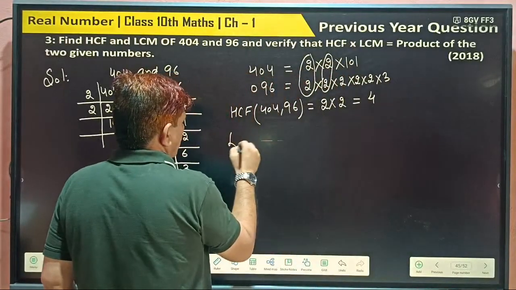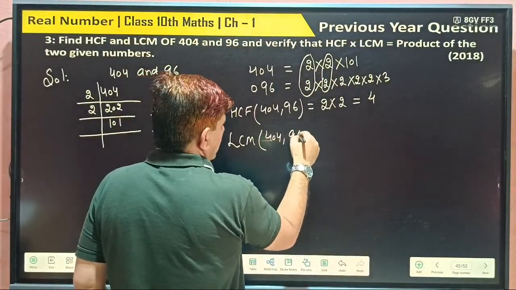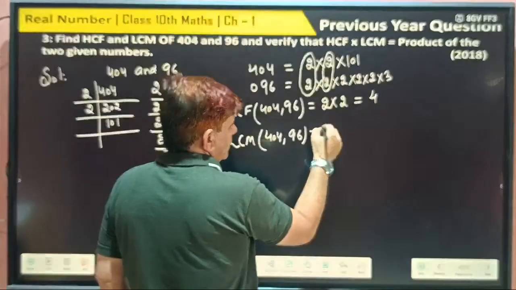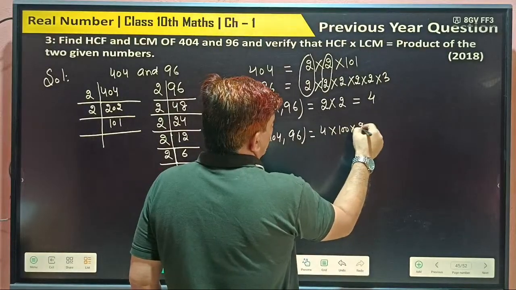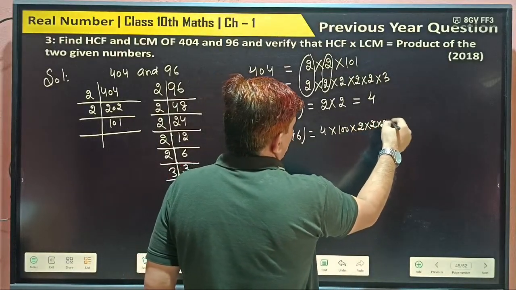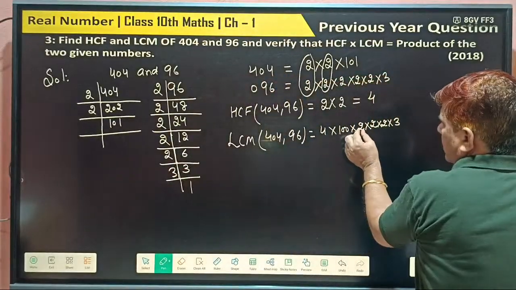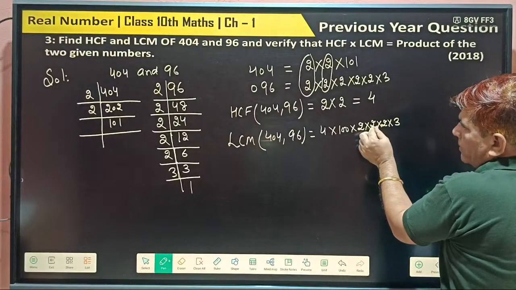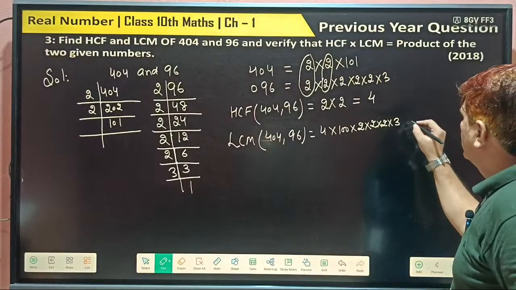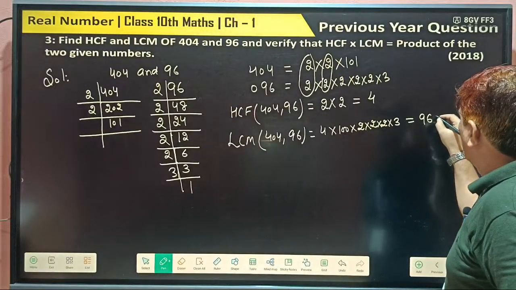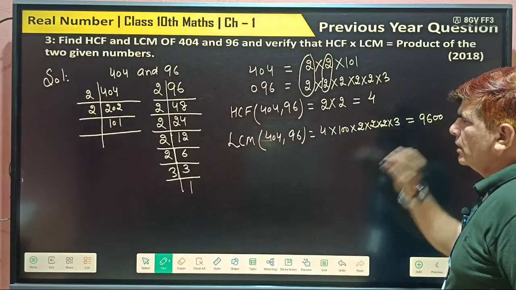And LCM of 404 and 96 is equal to their HCF 4 into 101 into 2 into 2 into 2 into 3. 400, 800, 1600, 3200, 9600. 3 times 6, 6 times 12, 12, 24, 96.